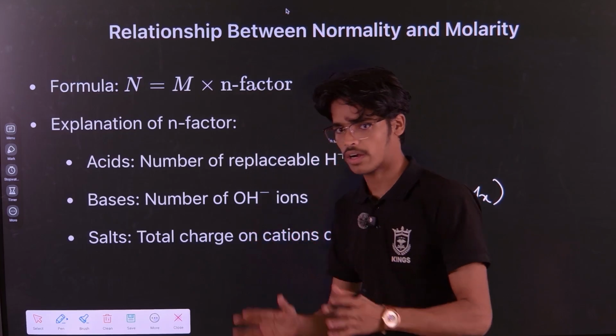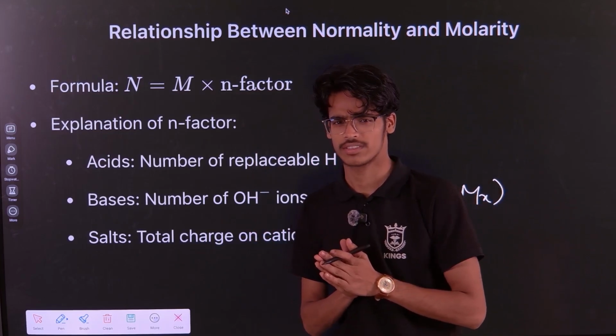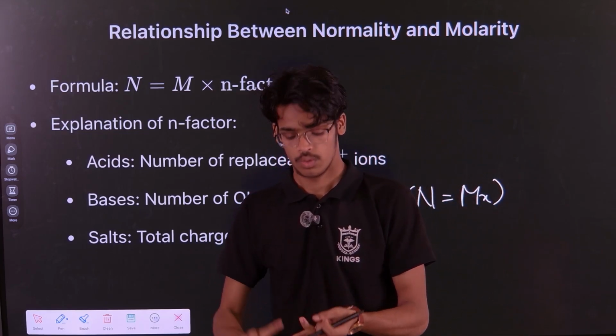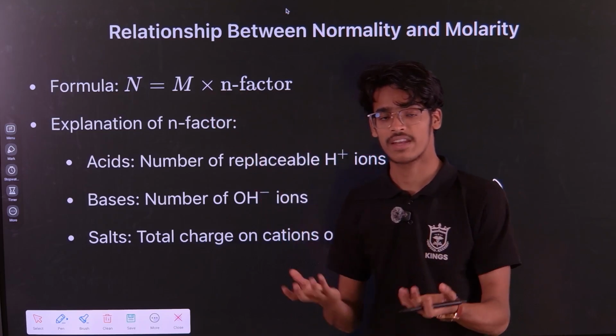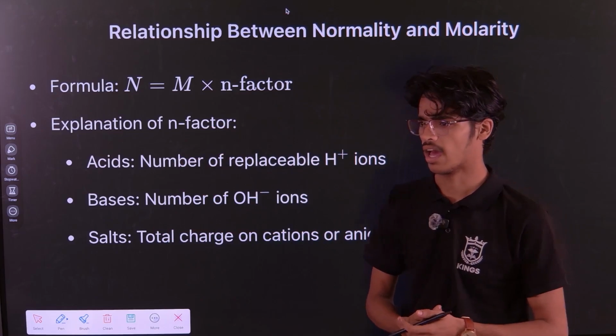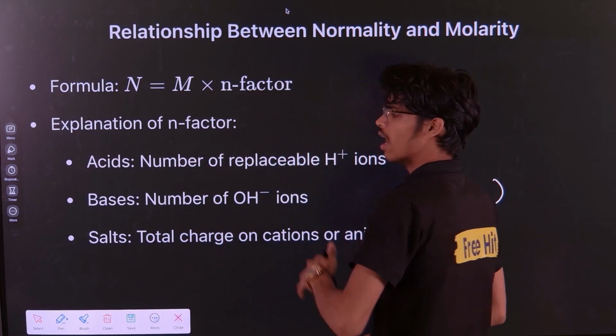I have talked about this deeply in my last lectures, so you can search them out. I have talked about what is equivalent mass, what are equivalent moles, what is this n factor, and how to find it in various cases, in case of acids, bases, and salts. I'll just tell you in simple terms.